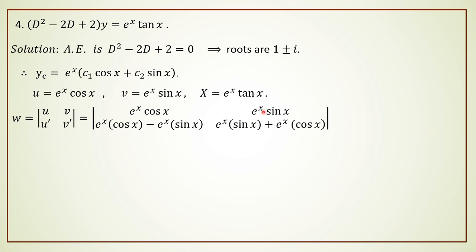And over here, differentiation of e power x into sin x is e power x into sin x as it is, plus e power x into differentiation of sin x, that is cos x. Now just take e power x common from the first and the second row and simplify the determinant so that you have the Wronskian of u and v equal to e to the power 2x.